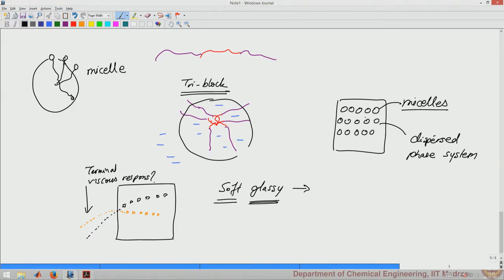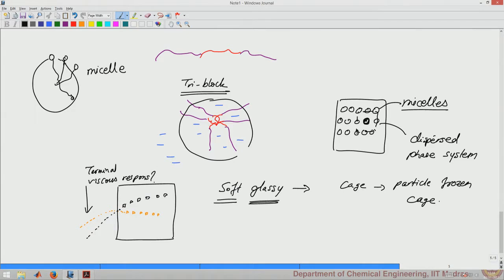So, in this case the hypothesis is that this micelle is confined in a cage which is formed by all the other particles.